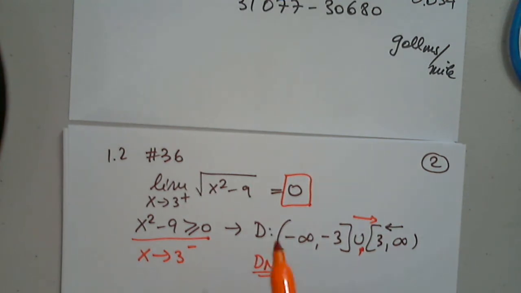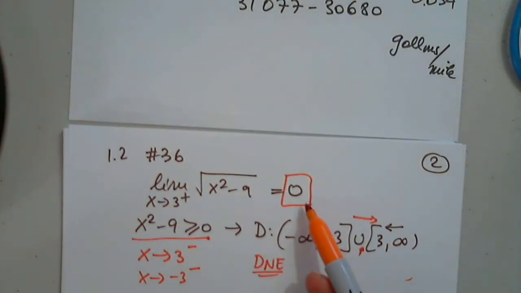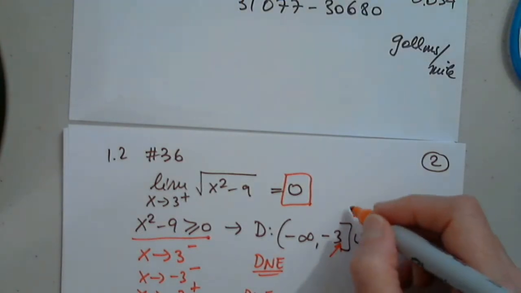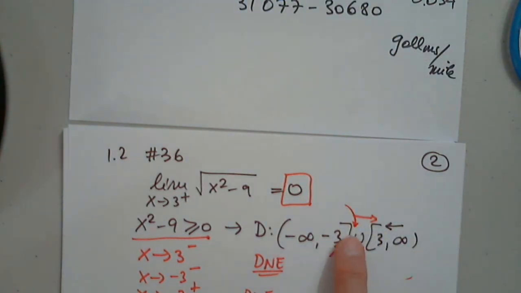So the domain has to be determined first, and then you can analyze. The same thing if I have x approaches negative 3 from the left, I will get 0 because it's right here. The function exists. But if I have x approaches negative 3 from the right, I will say DNE because this will be right here where the function does not exist.